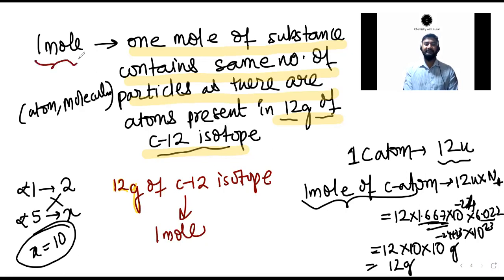This is how they have indirectly defined it. If you want, you can define it in terms of 16 grams of oxygen also, 17 grams of ammonia also. This is what 1 mole of carbon-12 isotope means, 12 grams. So this is how we can define 1 mole.